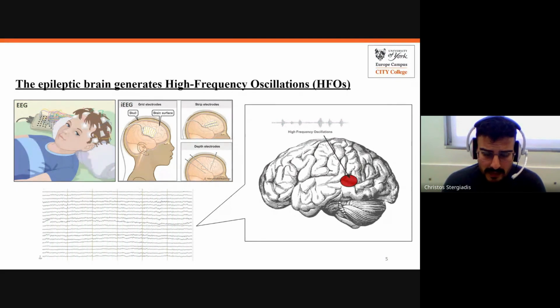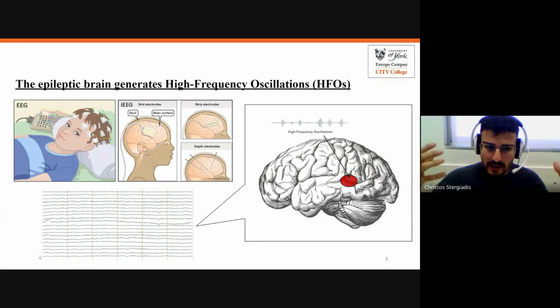Very easy, very safe. You just apply some electrodes and record the electric activity of the brain. However, in epilepsy, especially in medically refractory epilepsy, the most common neuroimaging technique is intracranial electroencephalography, which is pretty much the same thing. I want to record the electrical activity of the brain.